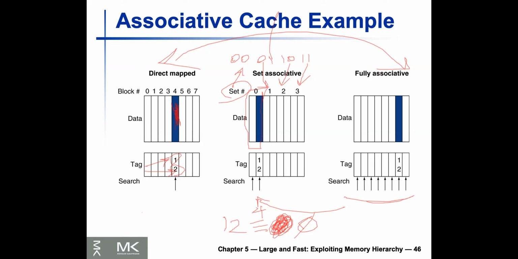For the direct map, again, that was 12, but in order to find the block, it's going to be modulo 8, because we have 8 blocks, and that would give us number 4. That was number 4 here. Is it clear?